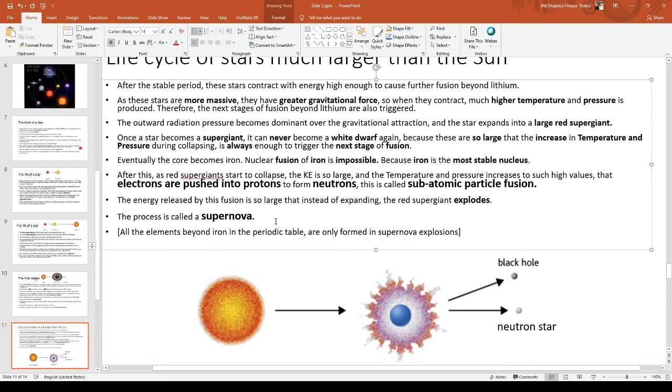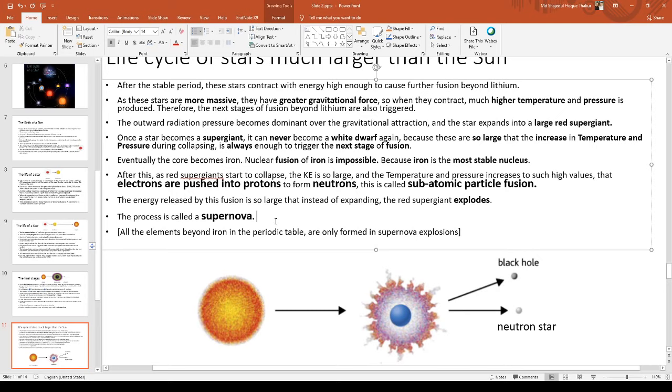So now to come back to our question: up to iron, everything was formed in the core of a star by nuclear fusion. Then how did the elements after iron come about? Well, they come from supernova, due to the subatomic particle fusions.